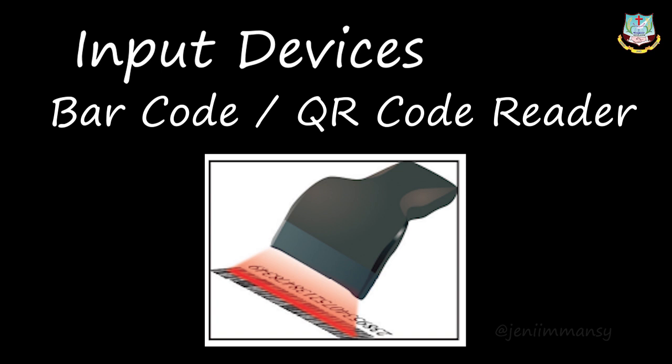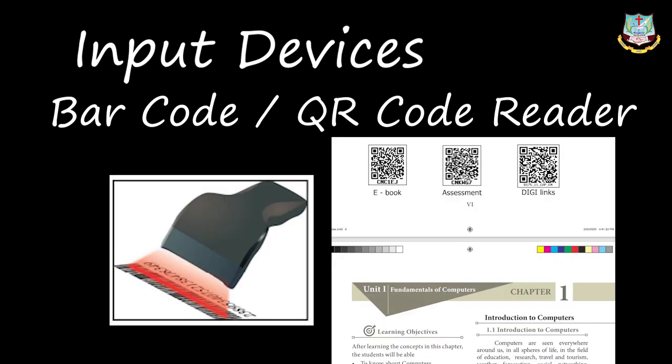QR in the sense quick response, okay? QR code means quick response code. This QR code is a two-dimensional barcode, which can be read by a camera also, and it can be processed. It is a processed image only. After you get your book, you can see in each lesson, I think in the first page of your first lesson and all, you will have some QR codes.